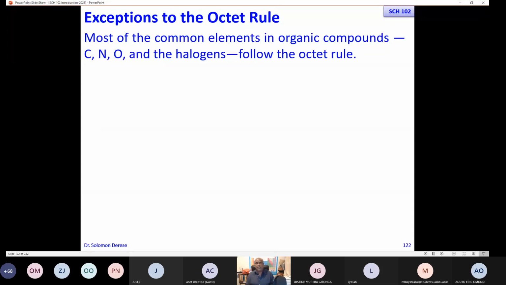It's also possible that a particular element might have more than 8 electrons. There are exceptions to the octet rule, and we're going to discuss those exceptions with a reasonable explanation why they should have less or more.